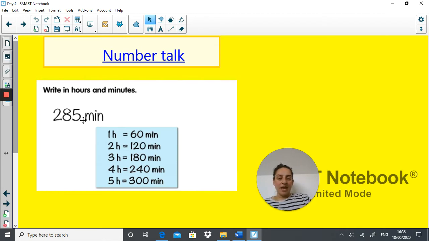Right, so how you could use a chart to help you. If you look at this, it says 285 minutes. If you look at our chart, 240 minutes is quite important. So yes, it is definitely 4 hours something, but it's not larger than 300 minutes. So these minutes here are 4 hours and something, and the number's too small to even hit 5 hours.